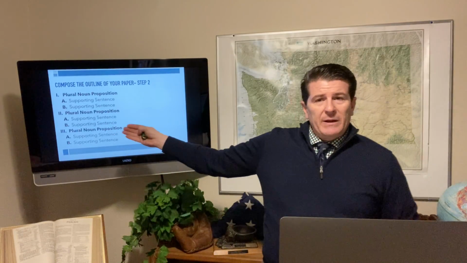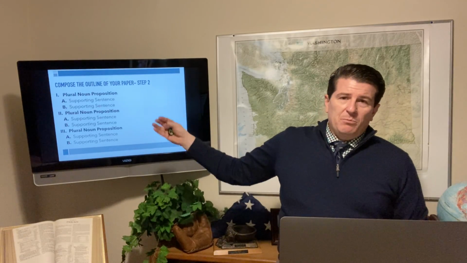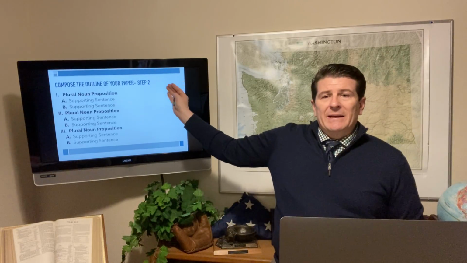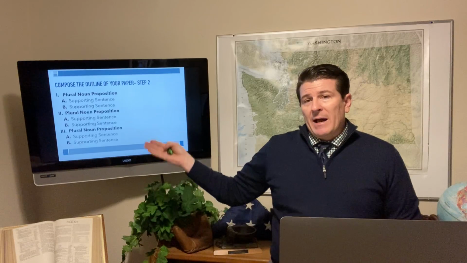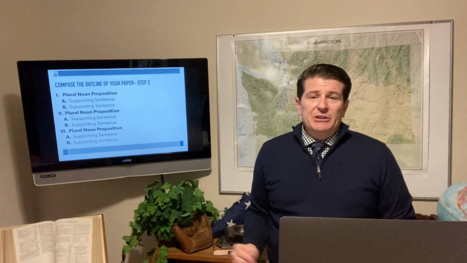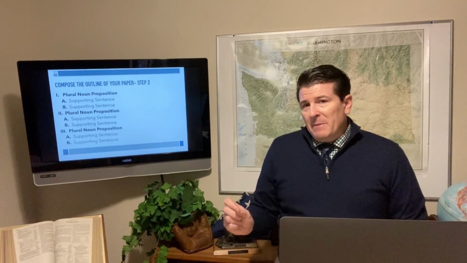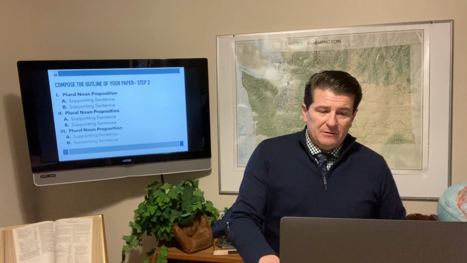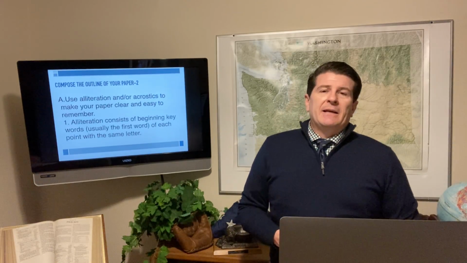You have your plural noun proposition point 1, point 2, point 3, and each of them has supporting sentences. For a while, you may need to write out a little 3x5 card cheat sheet, so that when I'm writing, I'm making sure I'm supporting my statement. Does that make sense? Before we move on to alliteration, I liken it to this.